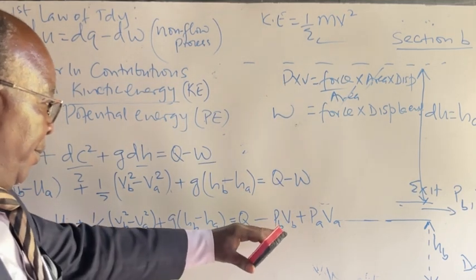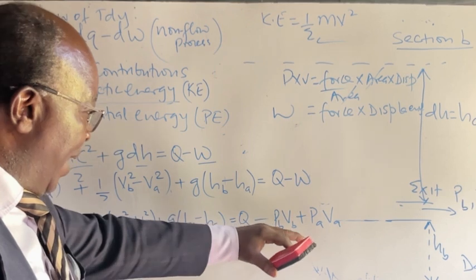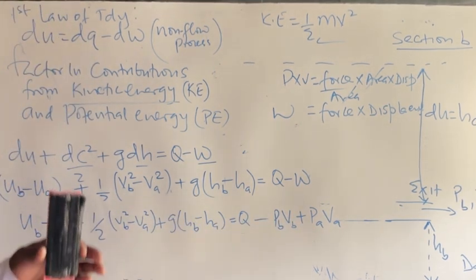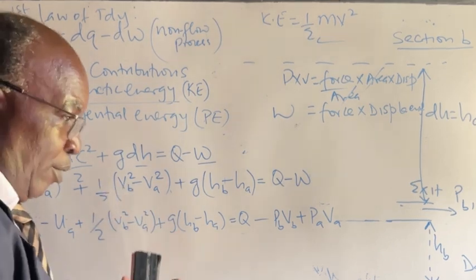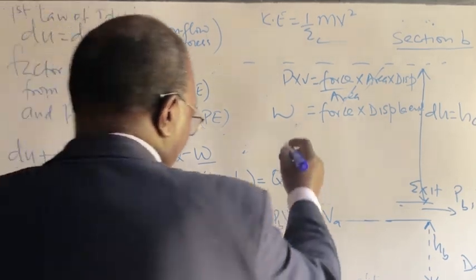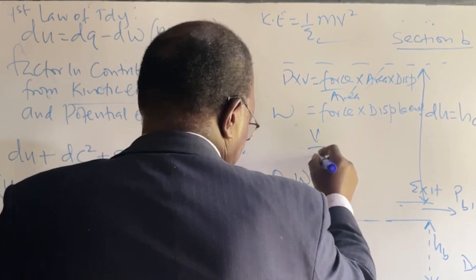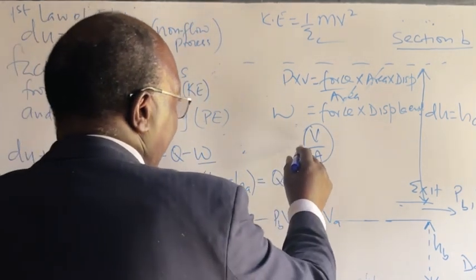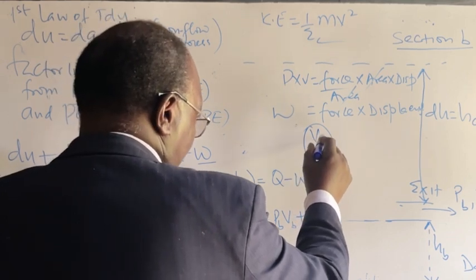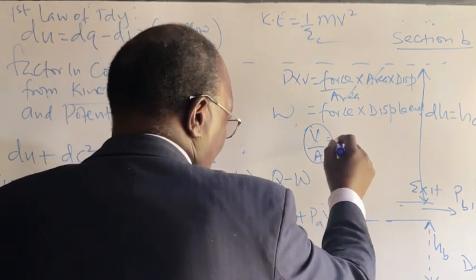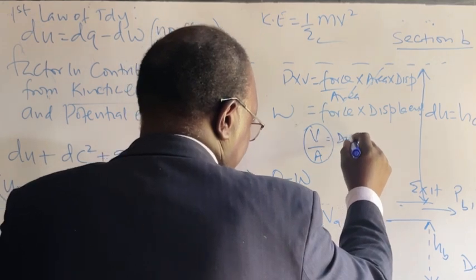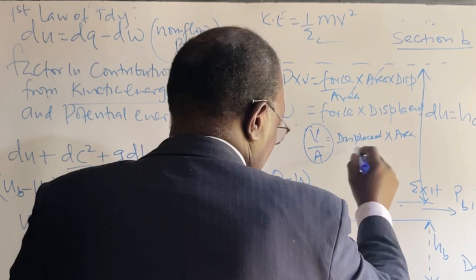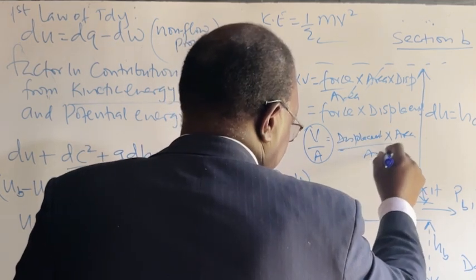Now, the minus sign, remember when you are looking at this VB, you have taken the volume and the cross-sectional area. If you have the volume and the cross-sectional area, remember that gives you the displacement. These are units, so you are talking of displacement times area over area. So it's basically displacement.